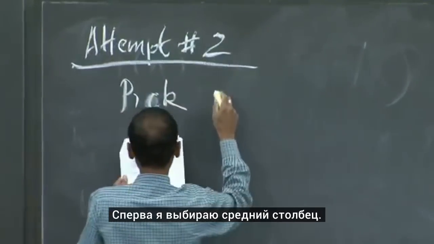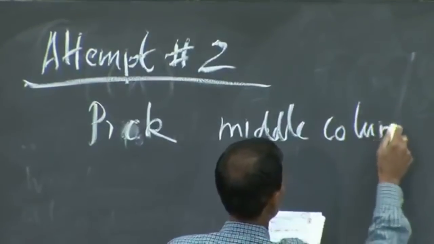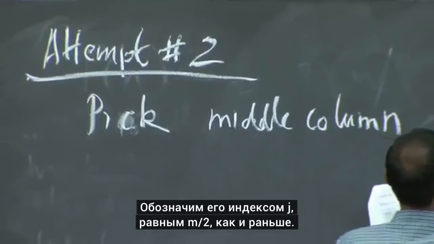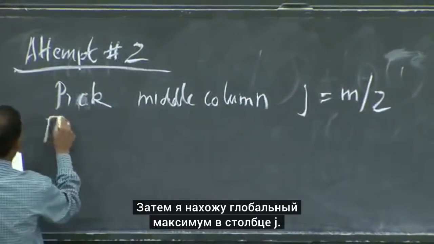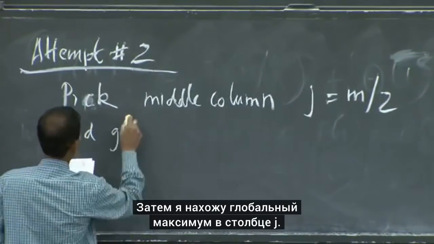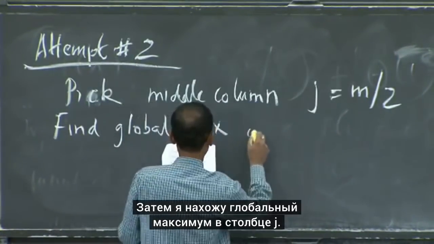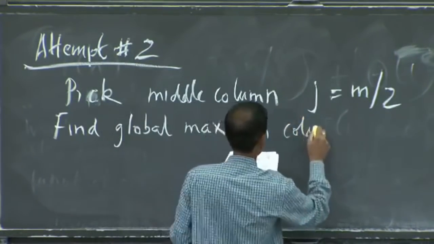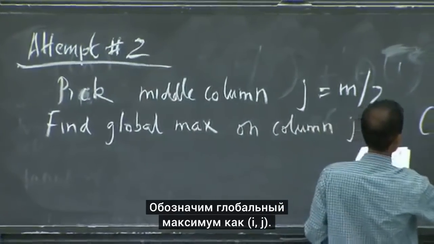So what I'm going to do is pick a middle column, j equals m over 2 as before. I'm going to find the global maximum on column j, and that's going to be at (i, j).